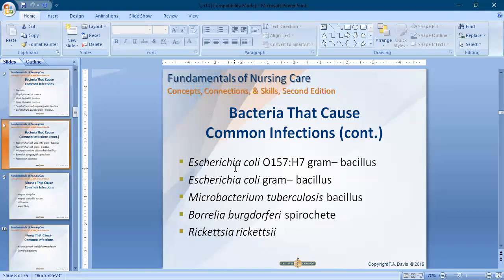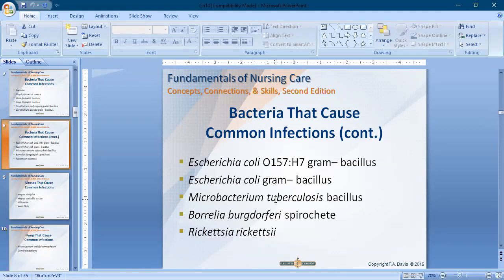So here we said Escherichia coli is a gram-negative bacillus. Mycobacterium tuberculosis, most common, right? Mycobacterium tuberculosis causes TB, pulmonary TB.